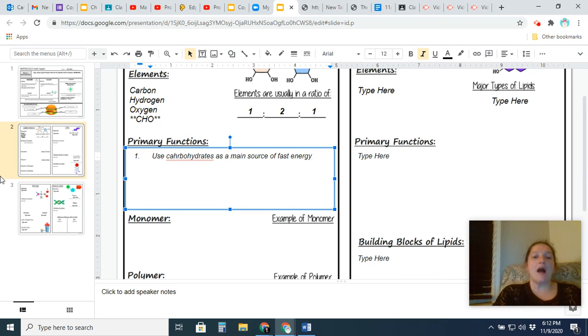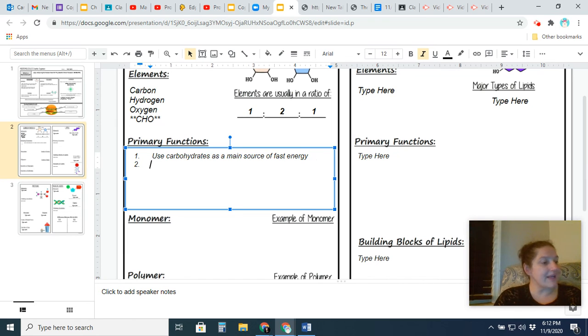What does that mean? That means that if you need energy quickly, you're going to get it from carbohydrates. Many endurance athletes, marathon runners, long distance swimmers, do this thing called carb loading the night before a big event. So they have all that carbohydrate available to them to carry them through their event.